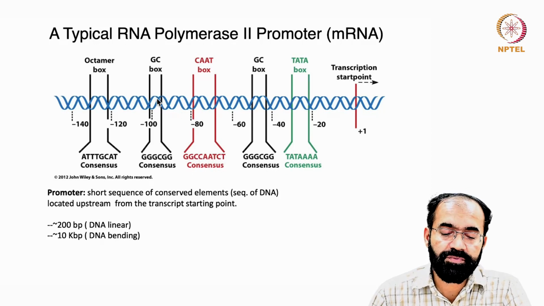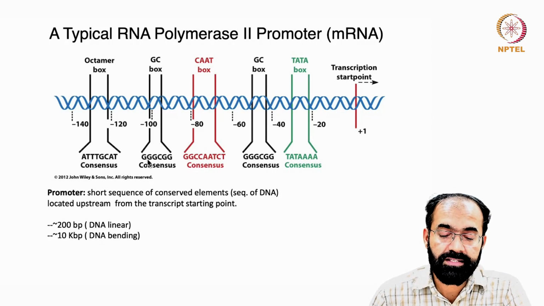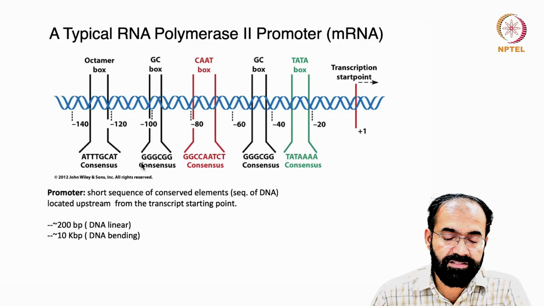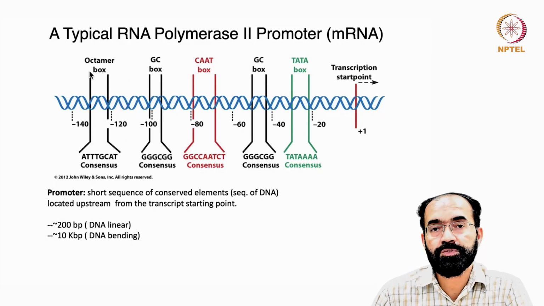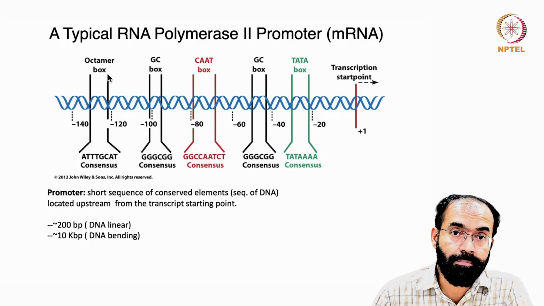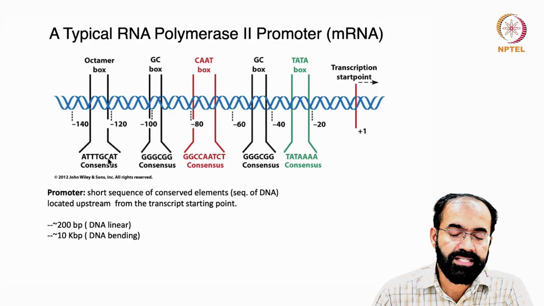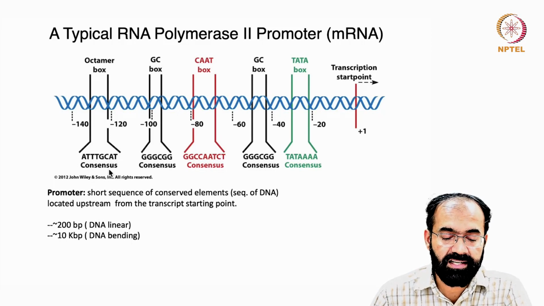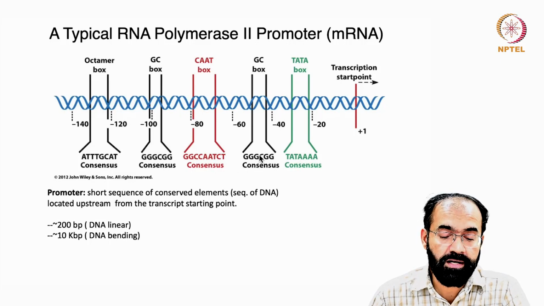And much upstream of that, you have another GC box that has the same sequence as the GC box you saw earlier, that is GGGCGG. That is the consensus sequence of a GC box. And then much upstream of that, you have an octamer box. An octamer box has a sequence of ATTTGCAT. That is the consensus sequence. So this comprises the so-called promoter region or promoter sequence.